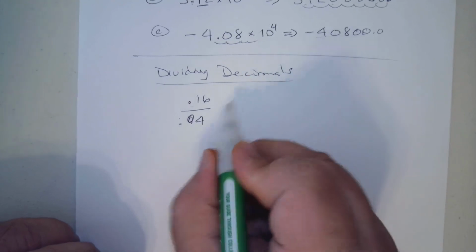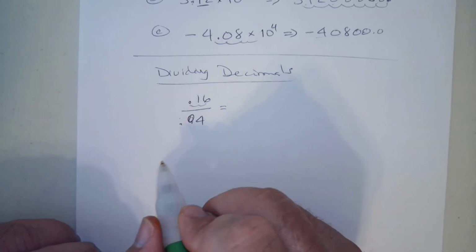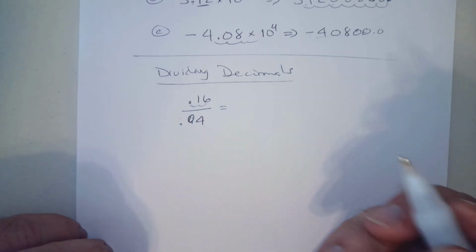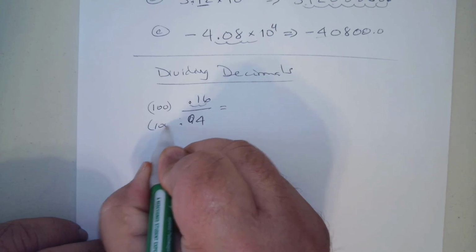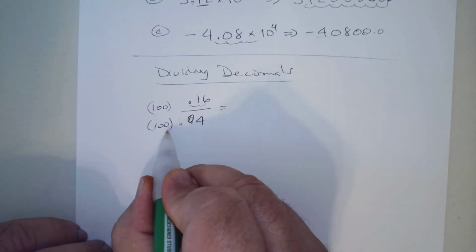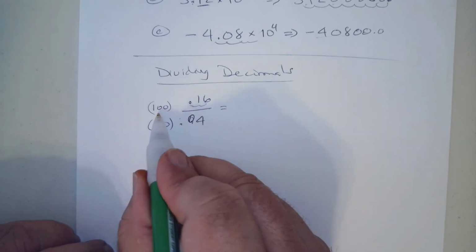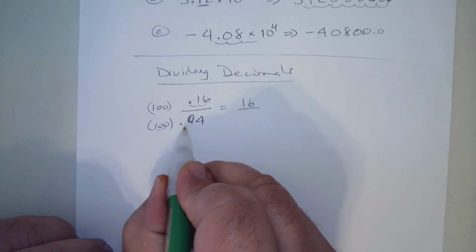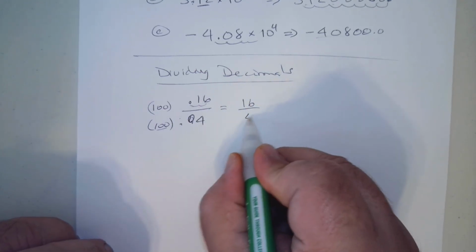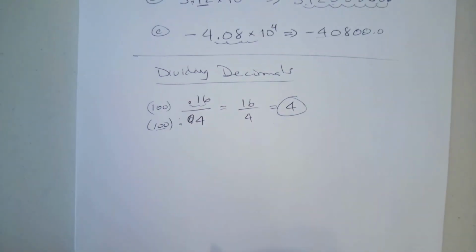To get rid of the decimals, 1, 2, I have to move it 2 spaces each. So basically, all I'm doing is I'm multiplying top and bottom by 100. Remember, the number of spaces moved is the number of zeros. So 0.16 times 100 is 16. 0.04 times 100 is 4. And there's your answer.